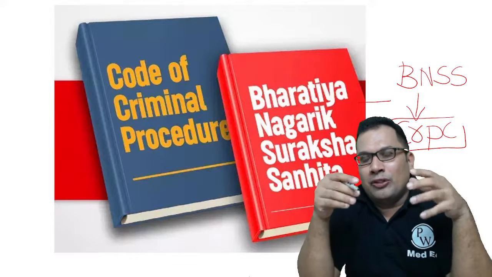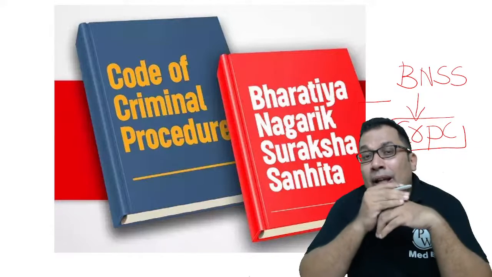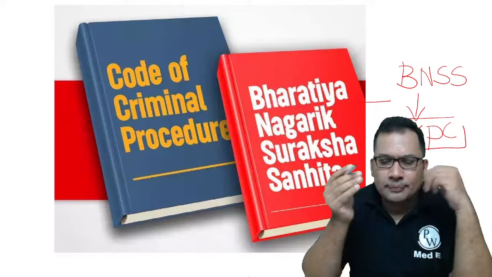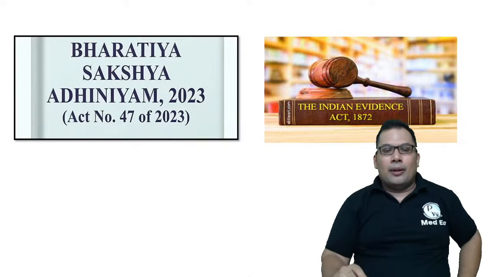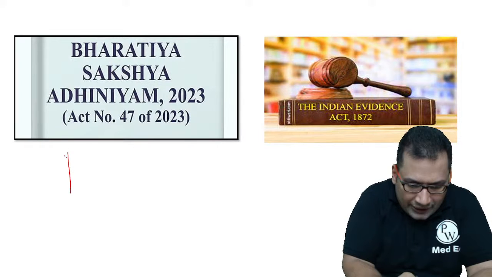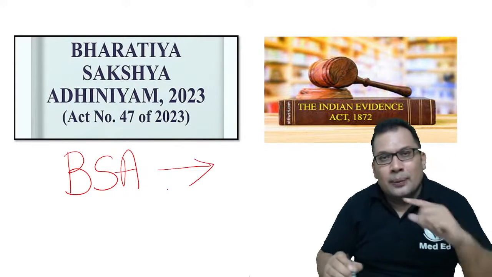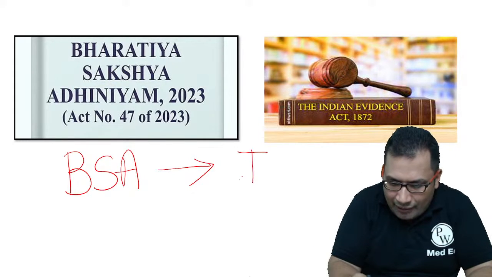As you know, 53A CRPC is related to medical examination of the accused of rape. And one more new law, that is Bharatiya Saksha Adhiniyama. We can call it BSA. BSA is going to replace the Indian Evidence Act.